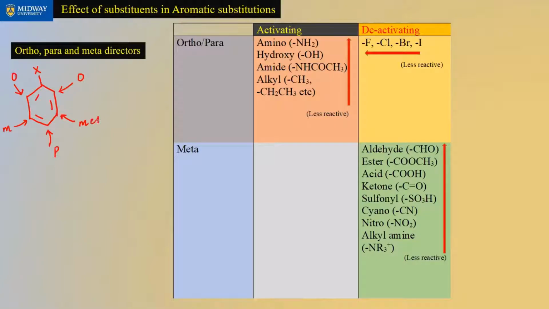So this is meta, ortho, and para. So you have 2 ortho positions in a benzene ring with respect to this substituent.